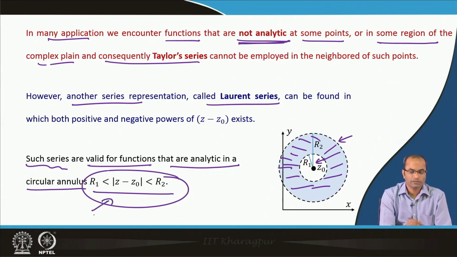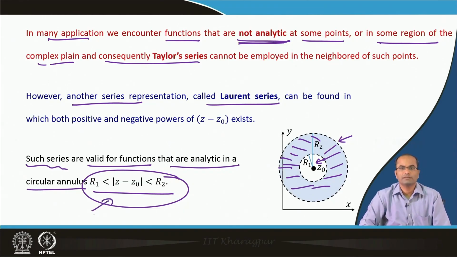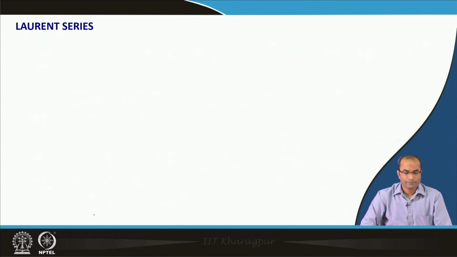So, in this annulus, if our function is analytic, we can have a power series representation, but this representation will contain positive powers as well as negative powers, whereas in the Taylor series only the positive powers of (z - z0) appear. In the Laurent series, both positive and negative powers will appear.